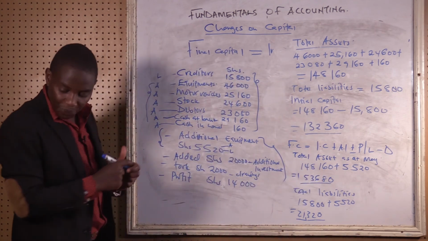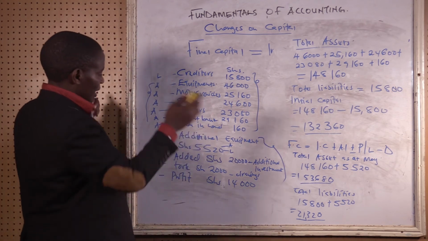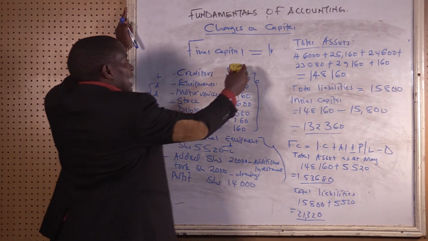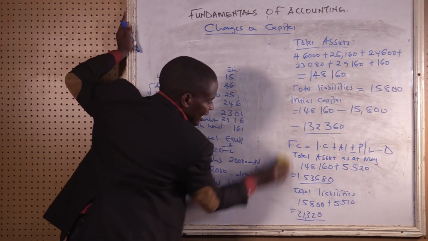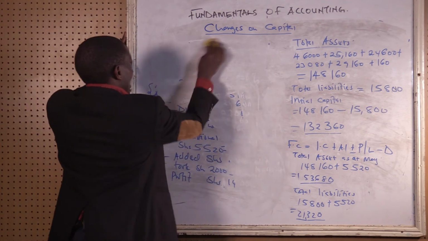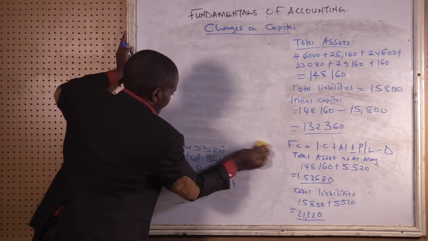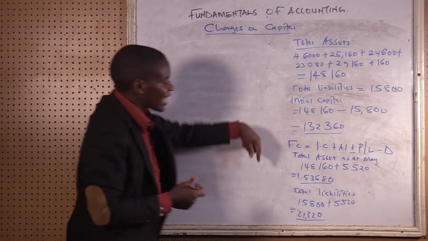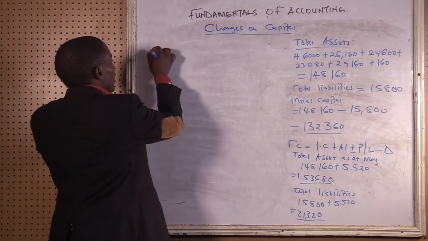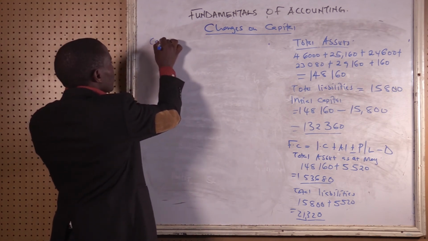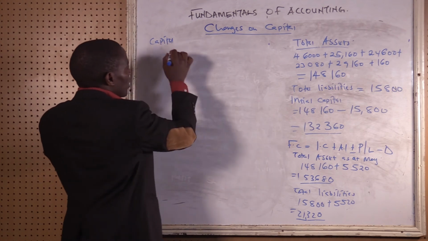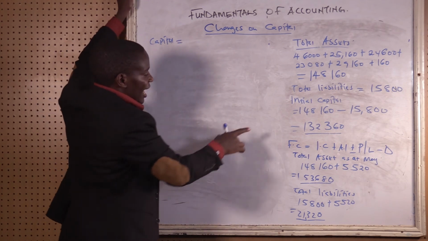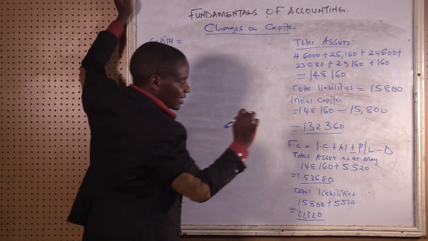So having now gotten that, let me work on this section so that we get now our capital before the other additionals. So our capital based on that additional equipment and liability is given from capital equals assets minus liabilities.